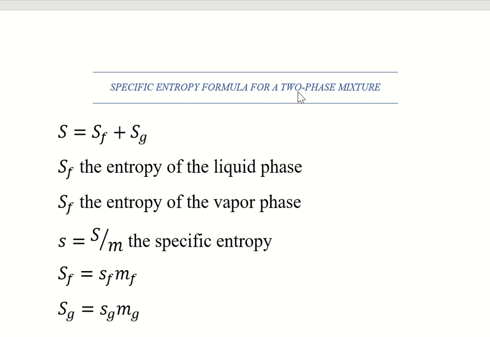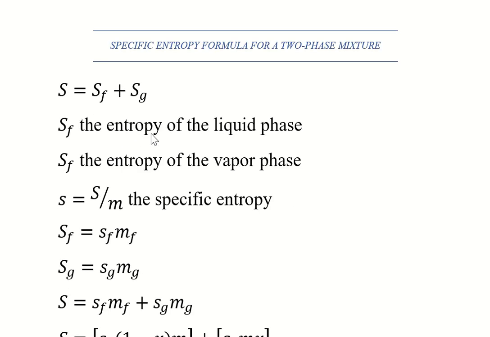Two-phase mixture means, from the vapor dome graph, the region within the liquid and vapor phase. So entropy is represented by a capital S, which is equal to Sf plus Sg. This is the entropy of the liquid phase plus the entropy of the vapor phase.